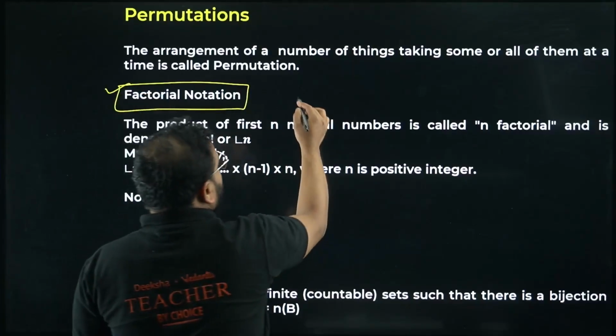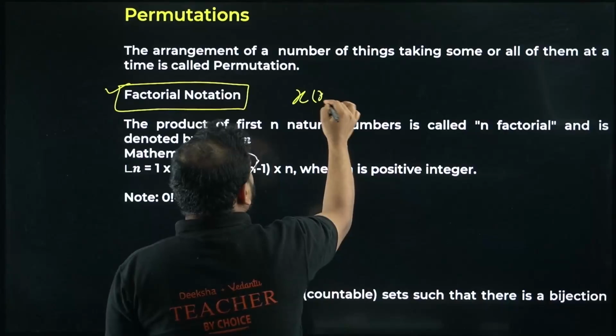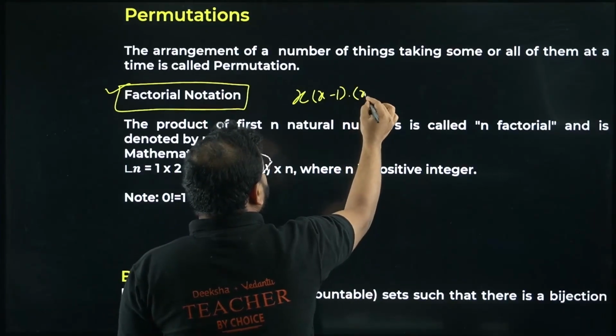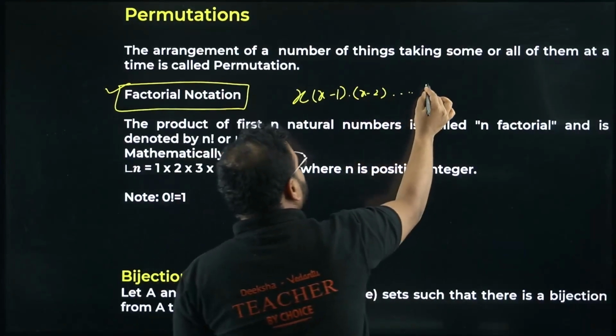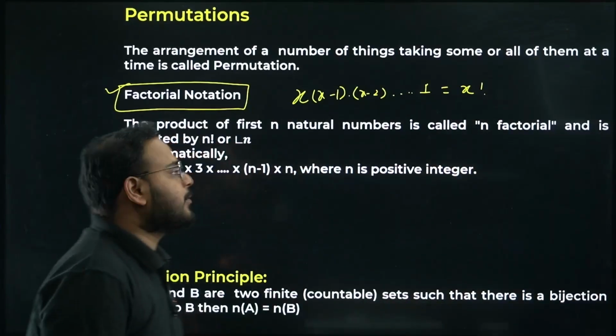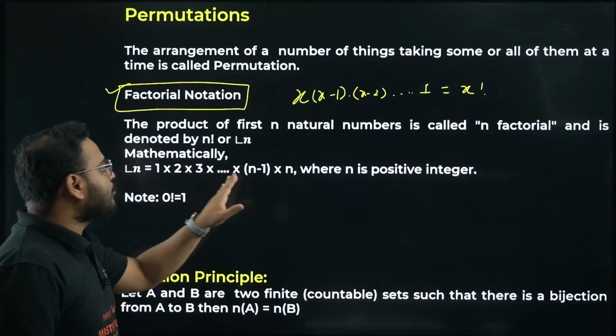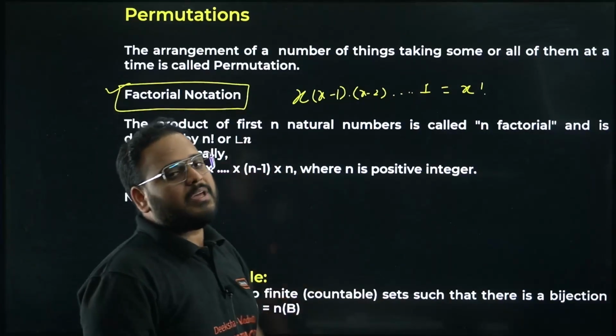For example, for a number x, writing x into x minus 1 into x minus 2, and so on till 1, can be written simply as x factorial. So 1 into 2 into 3 all the way till n is going to be your n factorial.